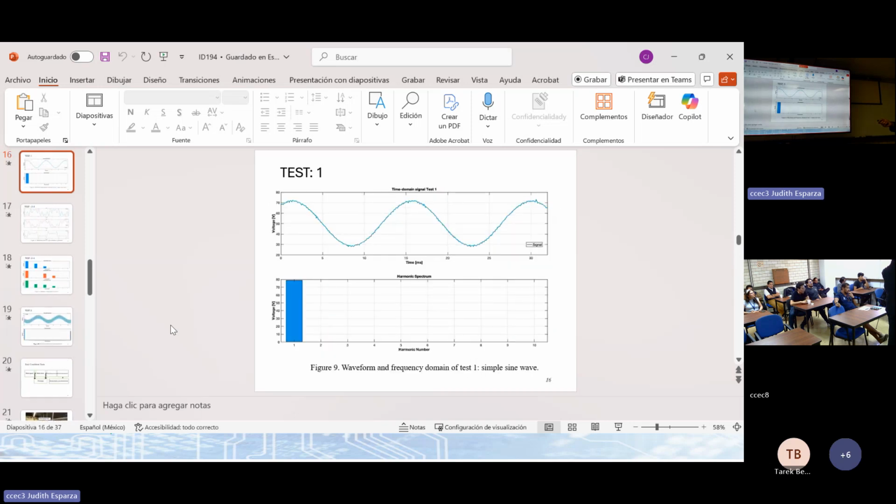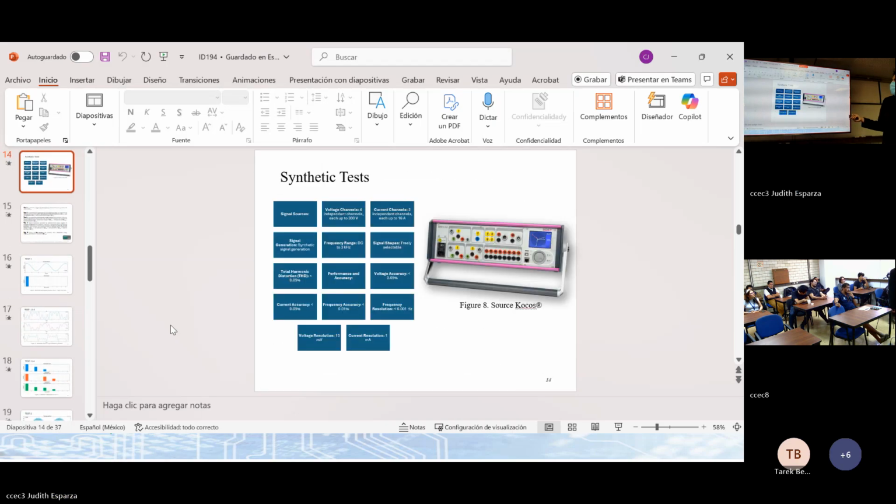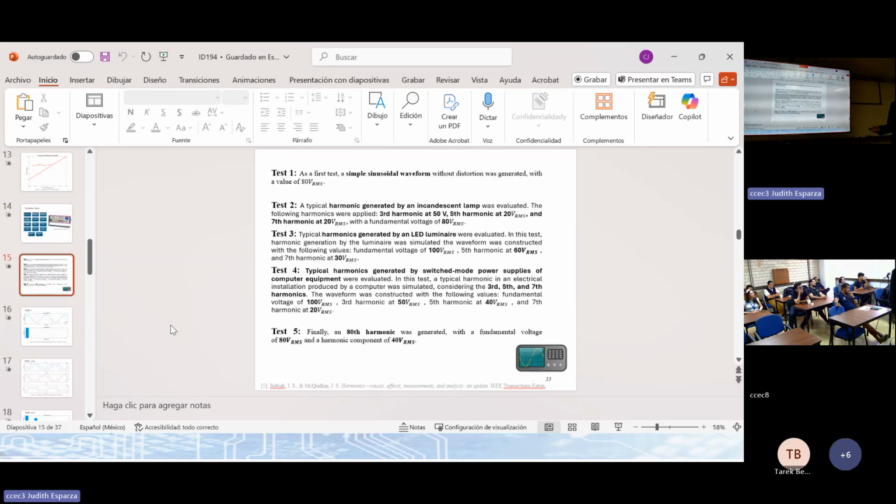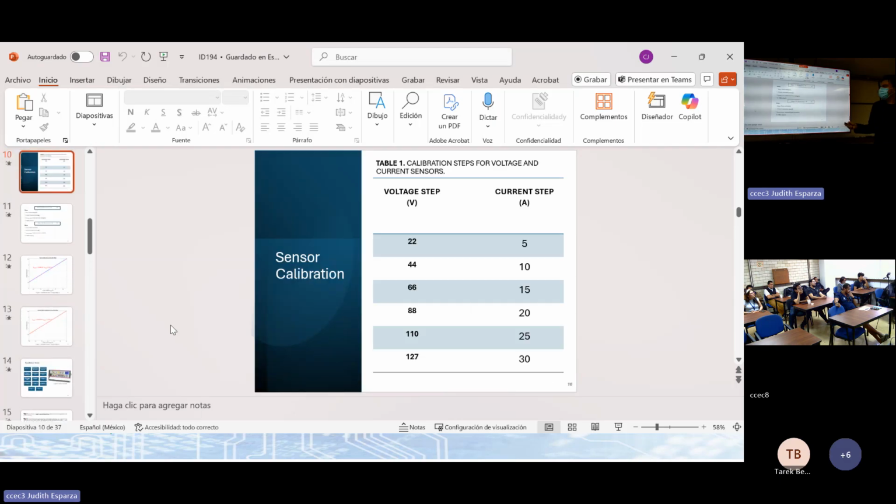The accuracy is very high, 0.05%. And this is my pattern. And my steps for calibration are this: nominal current, nominal voltage, and my minimum validity.